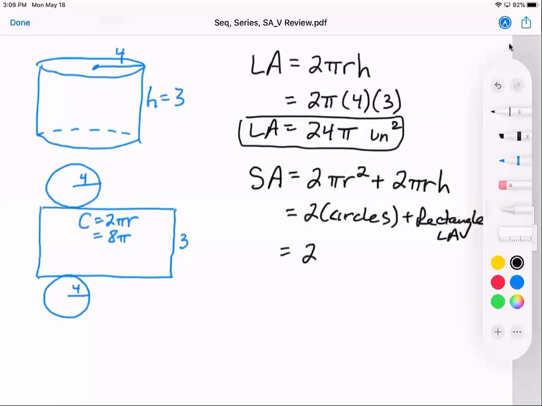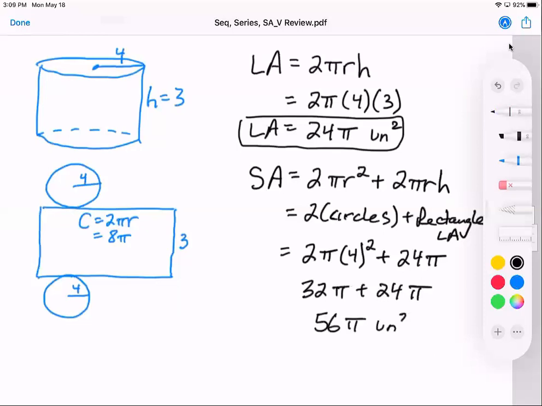So you have two circles, 2 times pi r squared. Radius is 4, so 4 squared, plus 24 pi that we had above from the lateral area. So that's 16 times 2 is 32 pi plus 24 pi. And that would be 56 pi square units. So our total surface area would be 56 pi square units.